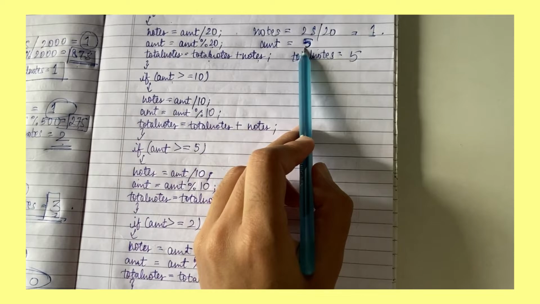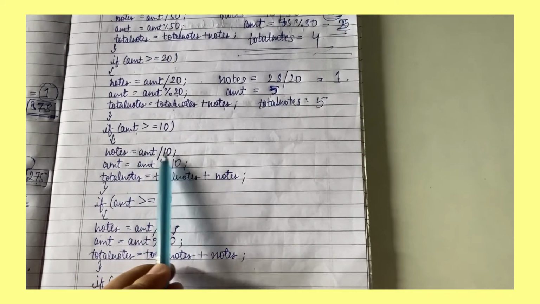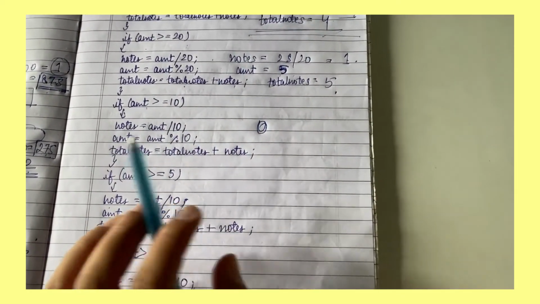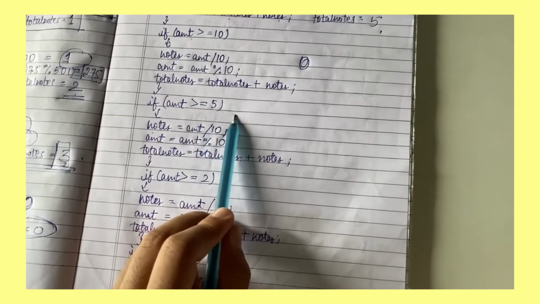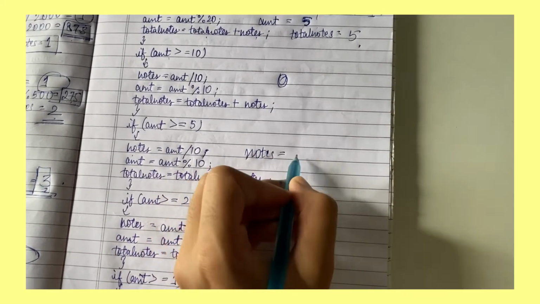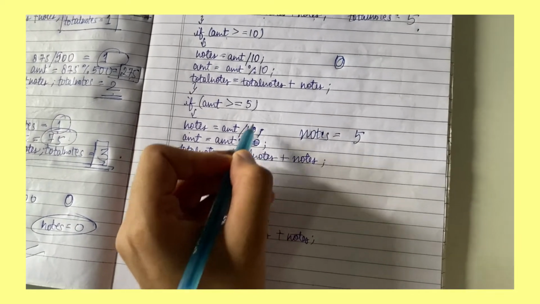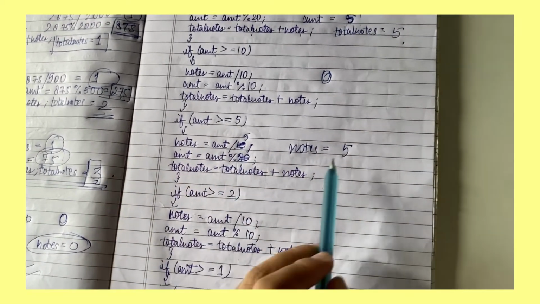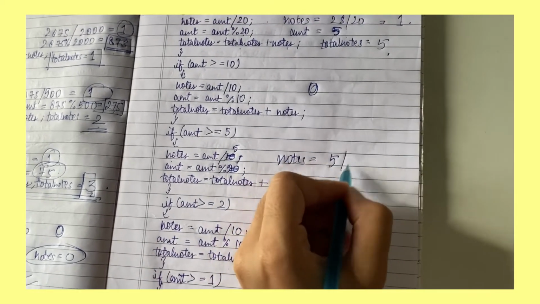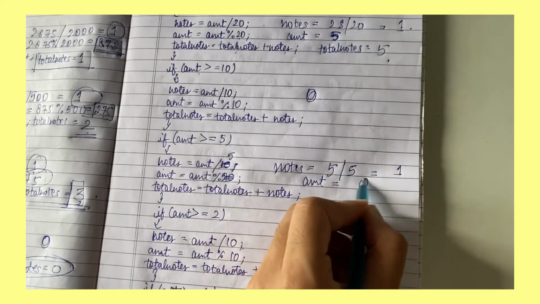Then the amount greater than or equal to 10, but when we divide 5 by 10, we will get 0. So no addition to the notes, because 10 rupee notes are 0. 5 greater than or equal to 5, condition true. So the notes will be, amount divided by 5 will be 1, and the remaining amount will be 0.